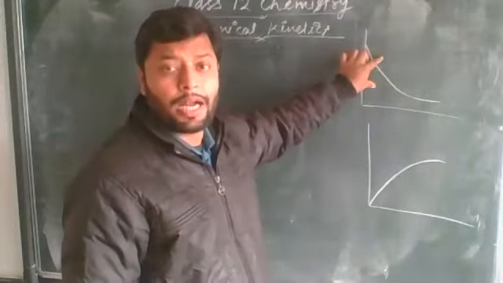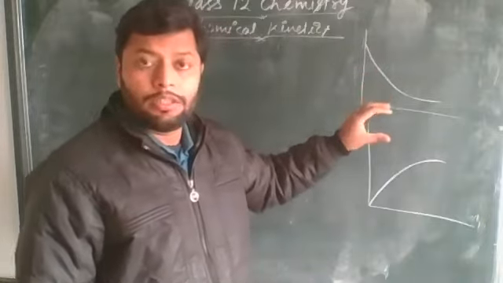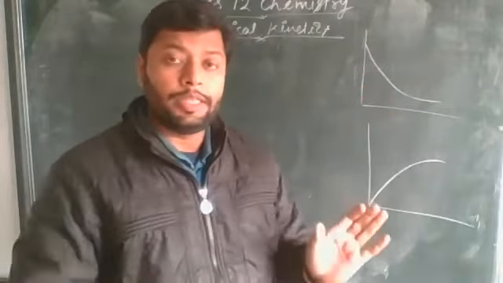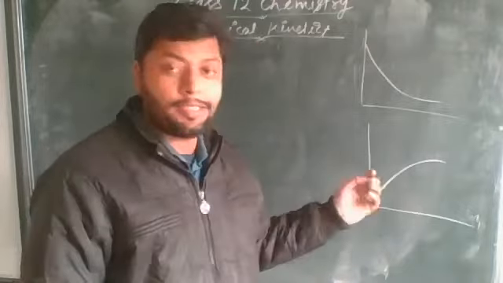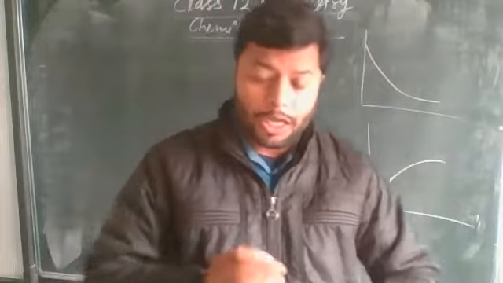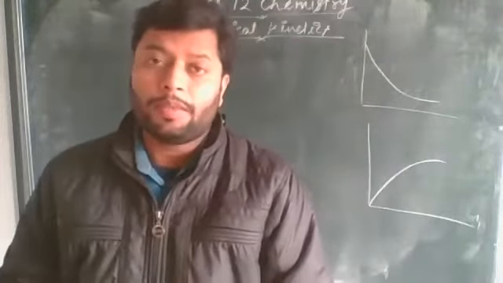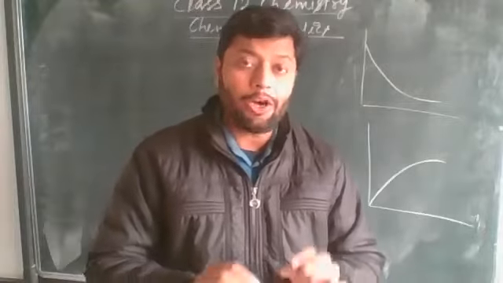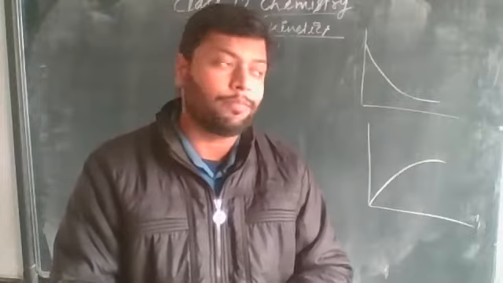Instantaneous rate of reaction and average rate of reaction are actually expressed in terms of disappearance of reactants and appearance of products. But now we are going to discuss the rate of reaction and all those factors that govern the rate of reaction one by one.